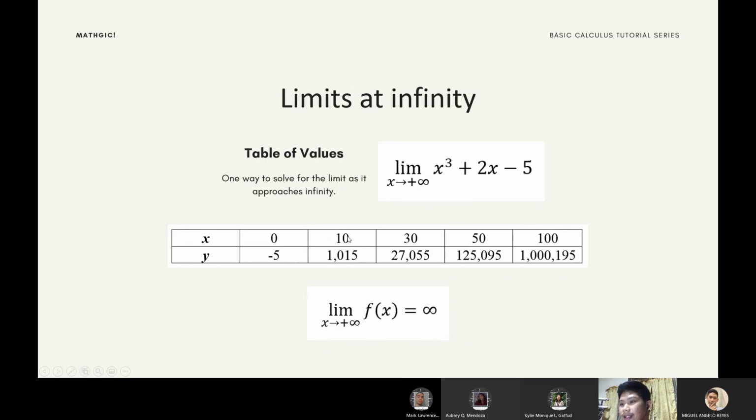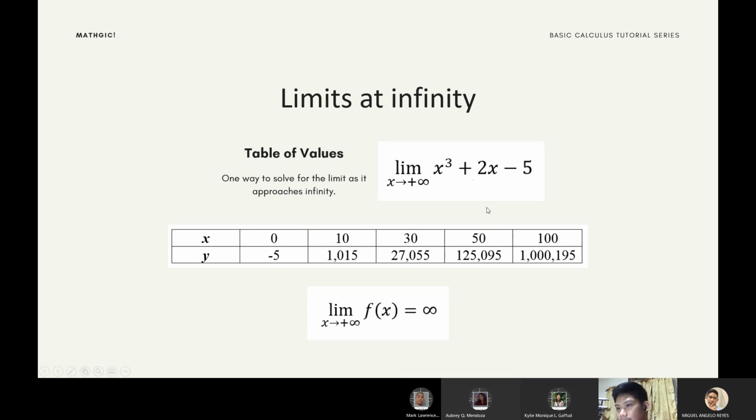Then 10 cubed plus 2 times 10 minus 5 is equal to 1015. Then 30 cubed plus 2 times 30 minus 5 equals 27,055.